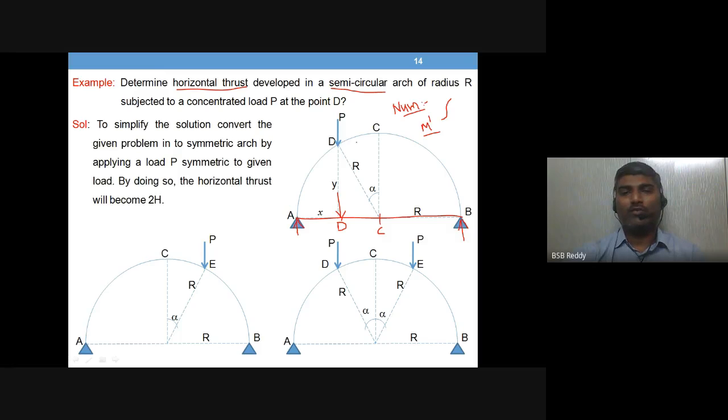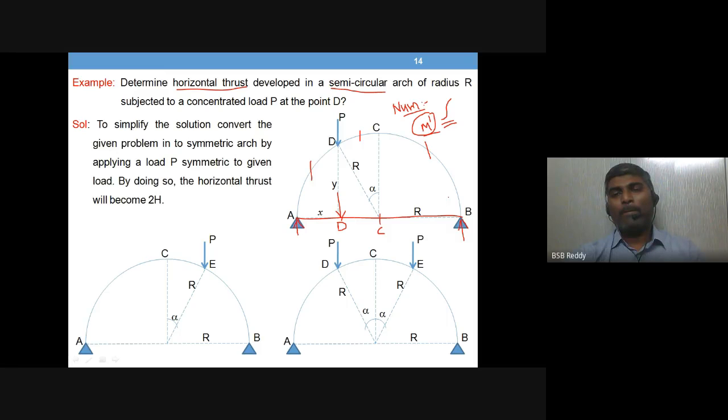Between AD you need one moment equation, between CD you need one more equation, and between BC you need one more equation. So three moment equations are required for evaluating the complete numerator value.